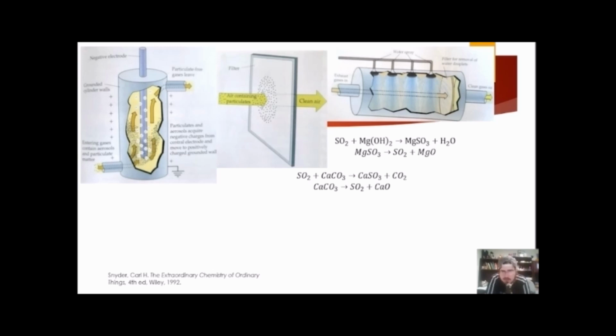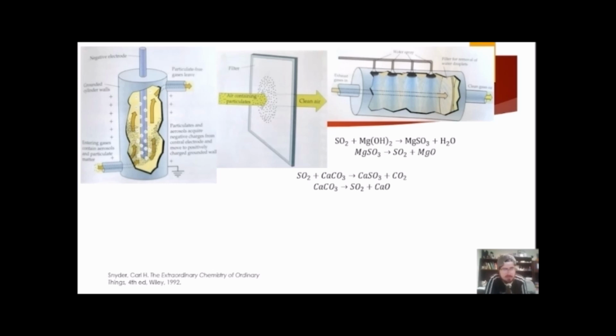And then the absorbed water and sulfur dioxide react with the slurry to get captured as various solid salts. So, like magnesium hydroxide goes to magnesium sulfite in water. Calcium carbonate and sulfur dioxide goes to calcium sulfite and CO2. So it releases some gas or some liquid behind.